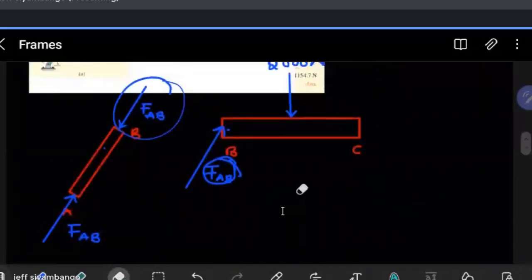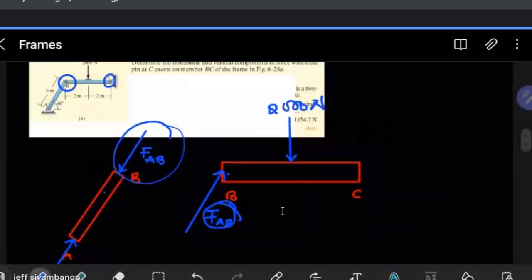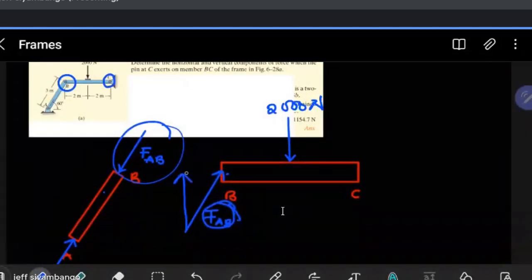So at the point C here, we also want to guess what is happening. Clearly, this is going to have an upward component and a component in that direction.